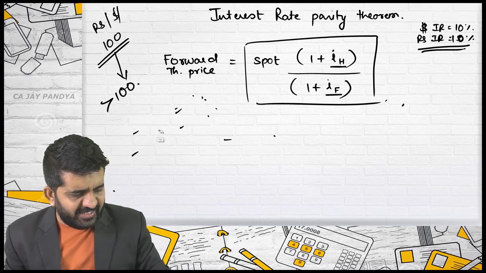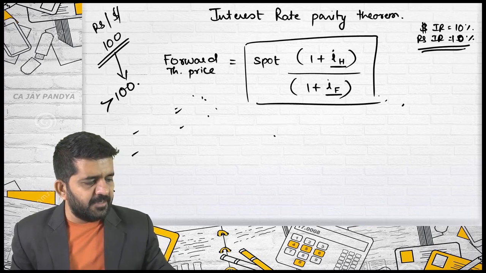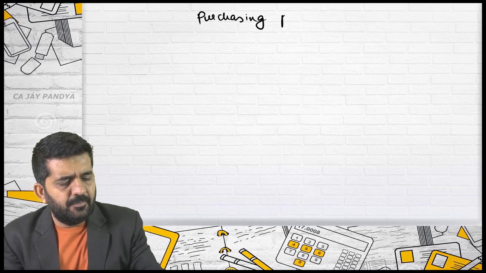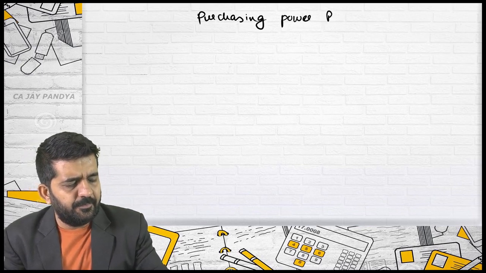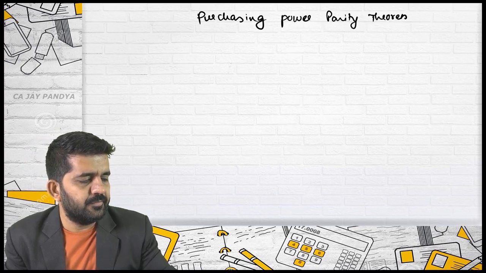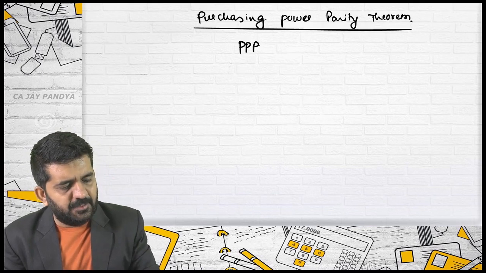We are going to the next concept, which is the purchasing power parity theorem, and believe me, you will feel it is absolutely the same. Purchasing power parity theorem or theory. It is also known as the PPP theory.